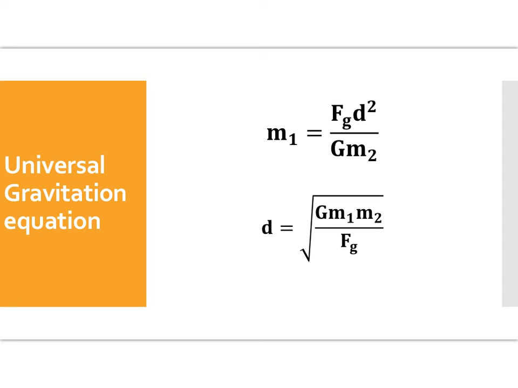And then you can also solve for the distance between objects. And that's going to be the square root of G times both masses divided by your force. And this is another case where you have to be really careful to square root, otherwise that's going to affect your answers.